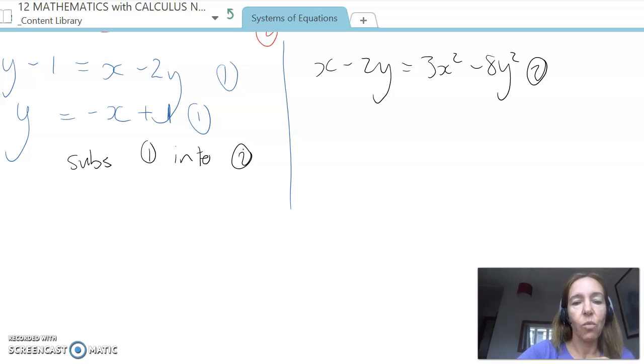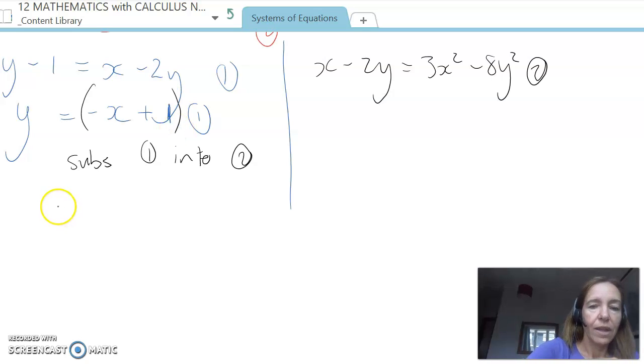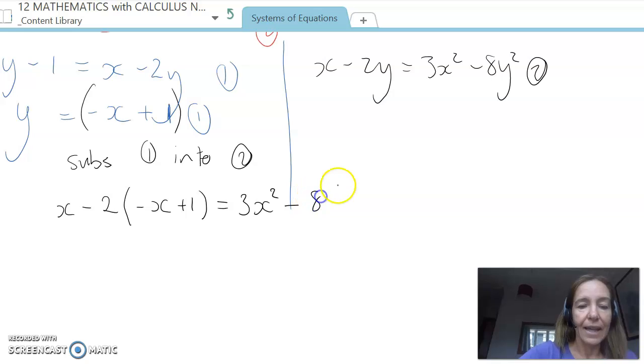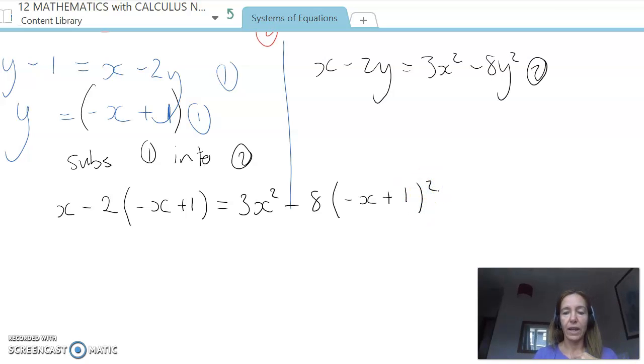Wherever I see a y in this equation, I'm going to put this whole thing. So x minus 2 times y, which is minus x plus 1, is equal to 3 times x squared minus 8 times y all squared, which is minus x plus 1 all squared.